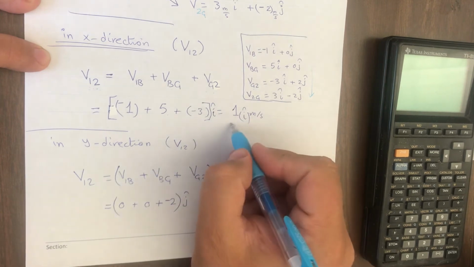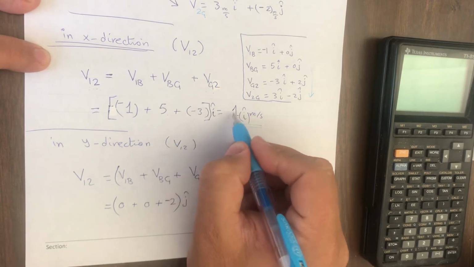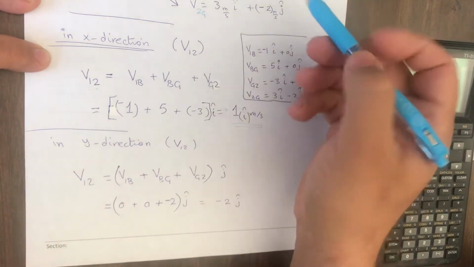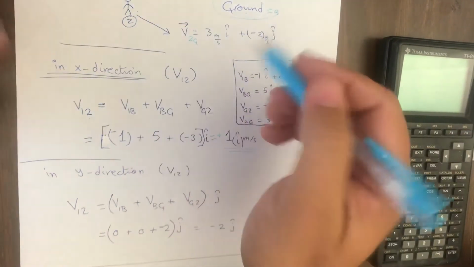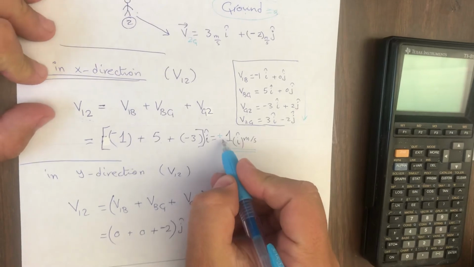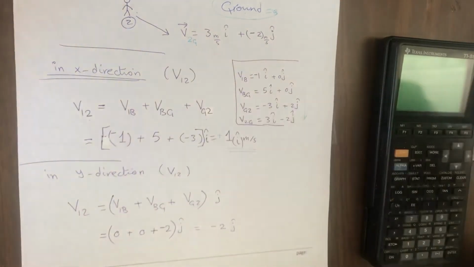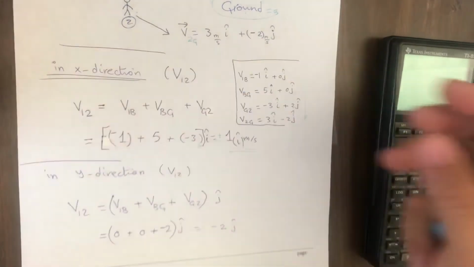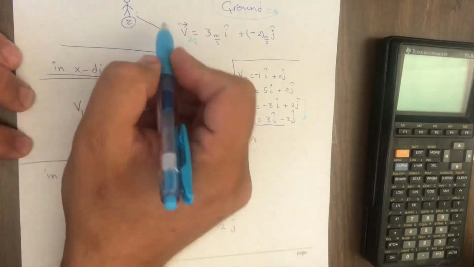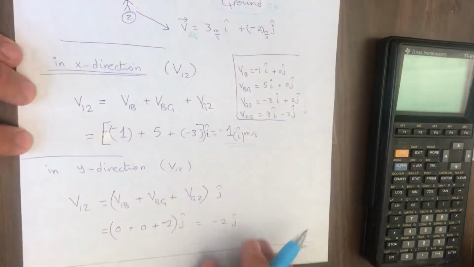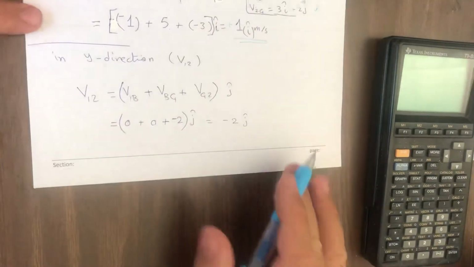The resultant velocity is positive 1. So the relative velocity between the first person and the second person is positive 1. So the distance between them is increasing because the velocity is positive in our notation here, in our xy plane.